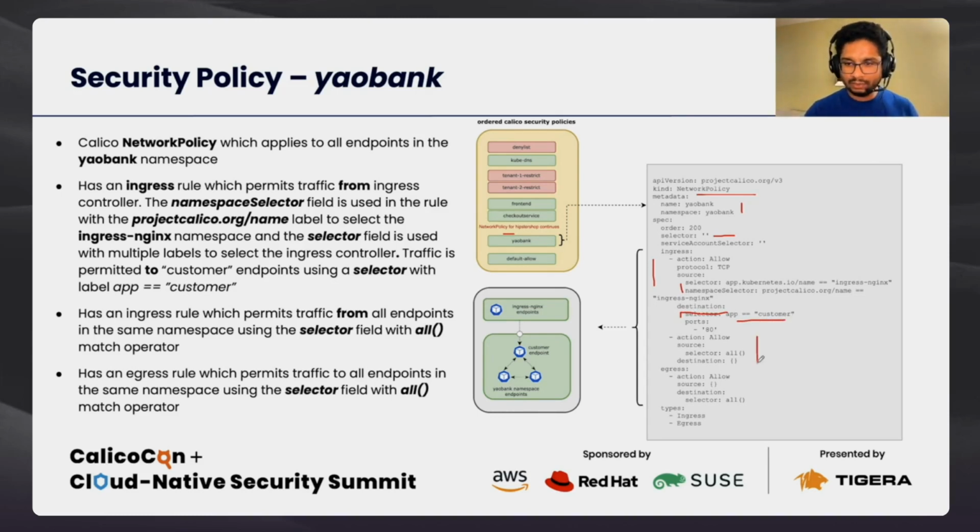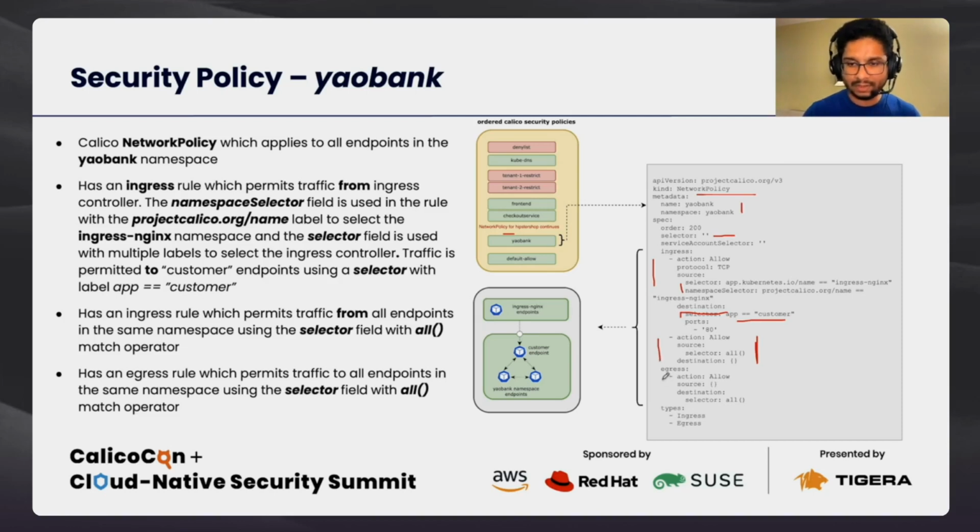If you look at the second ingress rule, what this means is that all endpoints in the Yao Bank namespace can receive traffic from all other endpoints in the Yao Bank namespace. Given that this is a network policy and we've not specified selectors, all endpoints can receive traffic from all other endpoints. And the egress rule is similar to that as well.